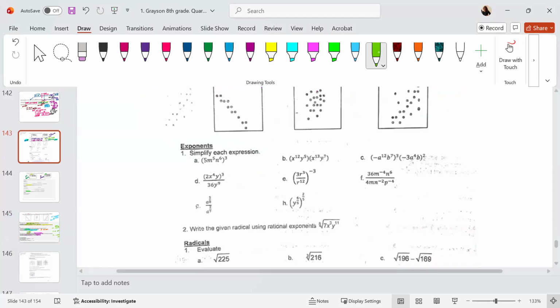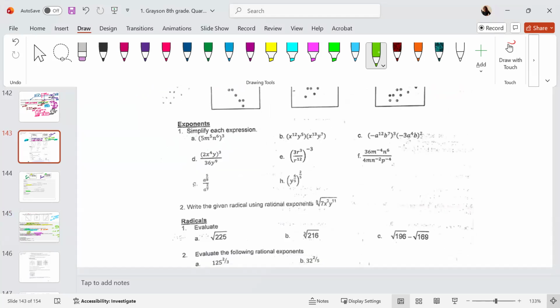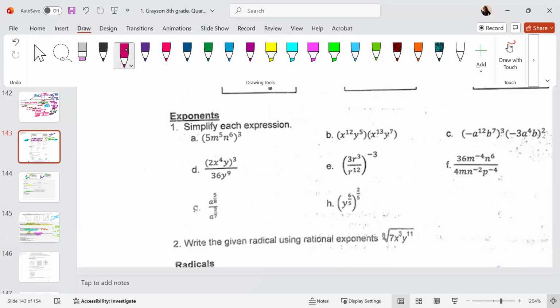Oh, the exponent. Okay. So this one I think you'll probably be okay with because you've done this many times before. So the first one, remember, there's a 1 right there, right? 5 to the third power is 125. You multiply 5 times 3 is 15. 6 times 3 is 18, right? Okay.